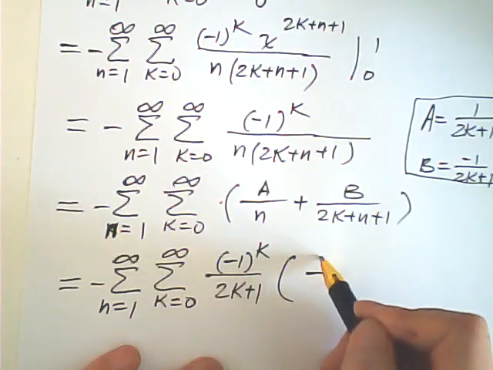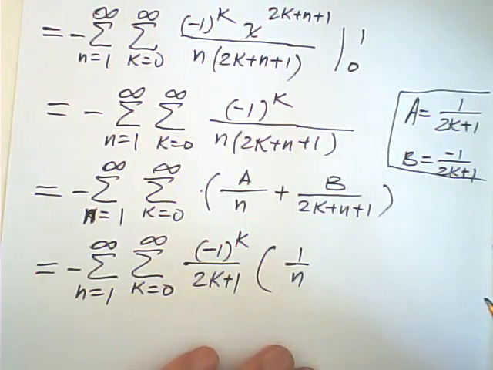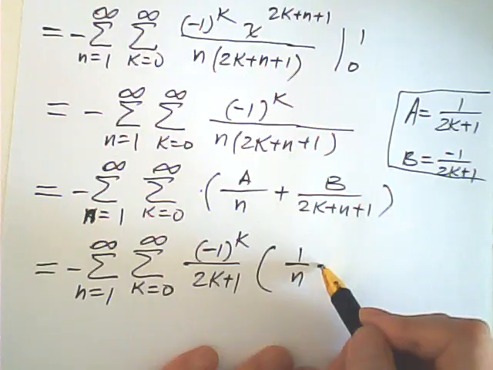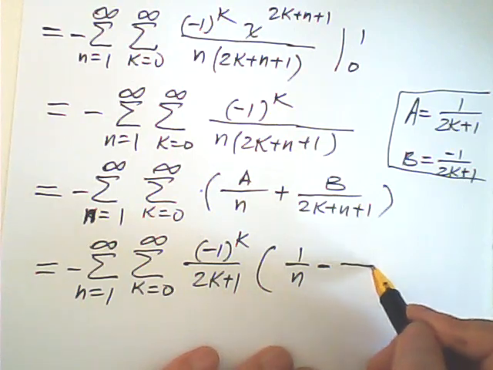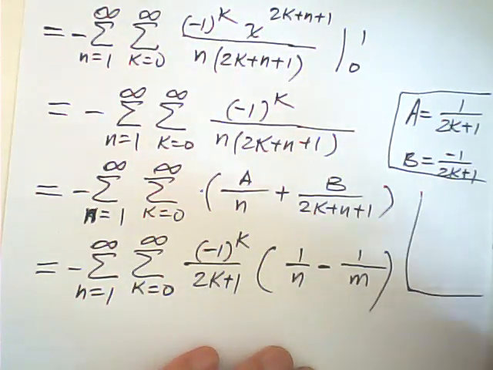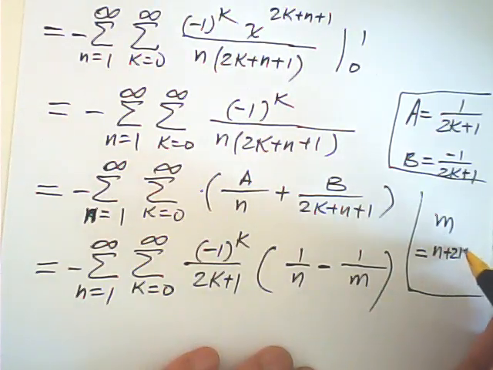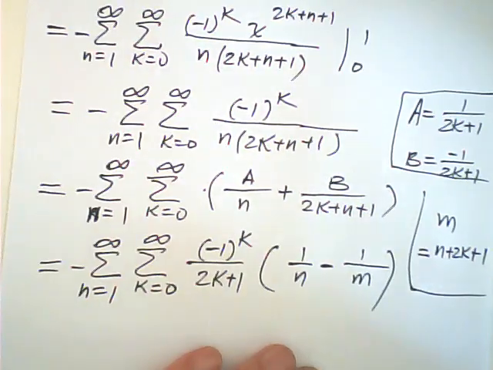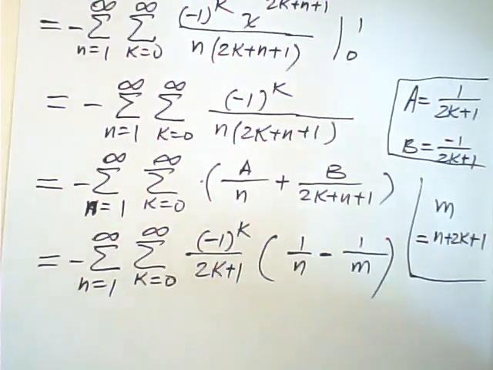This is 1 over n, minus 1 over m, and m is equal to n plus 2k plus 1. Okay, we let this be m. All right, then what?